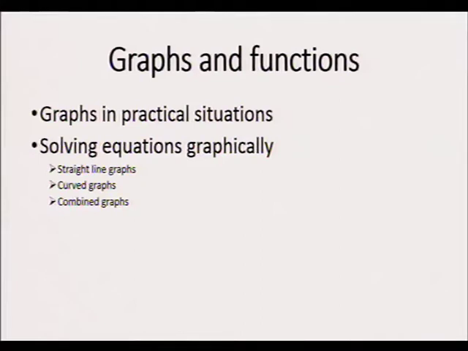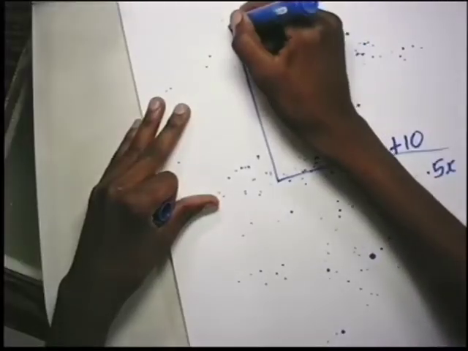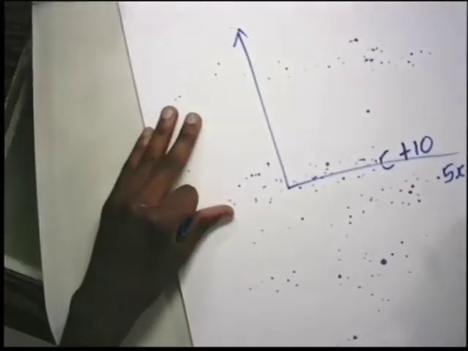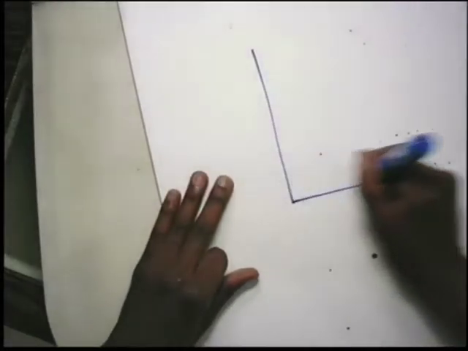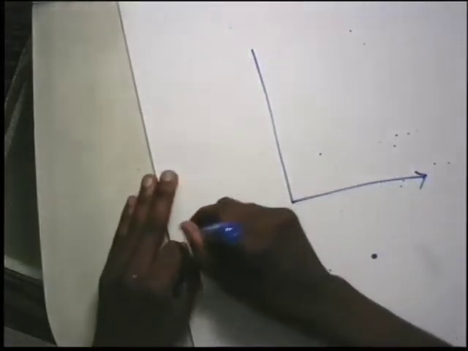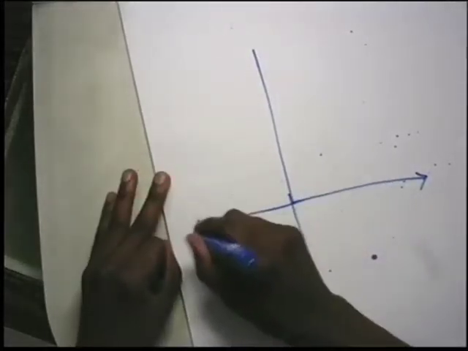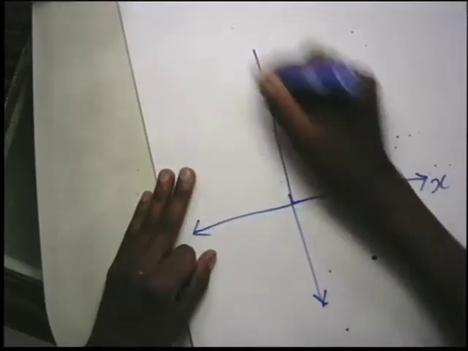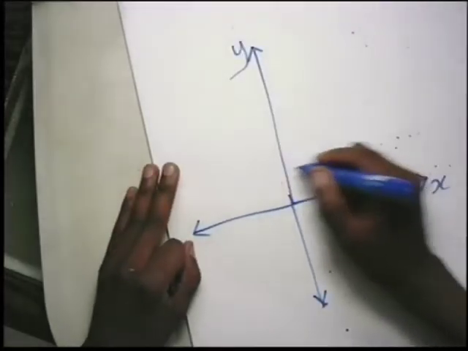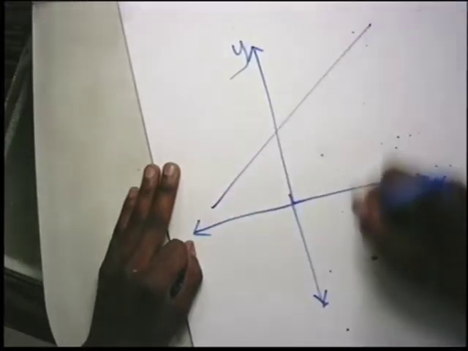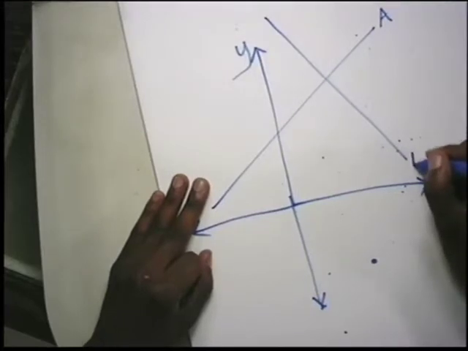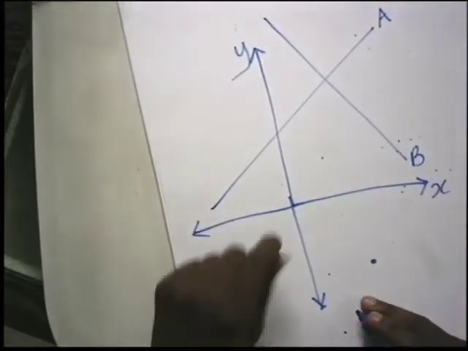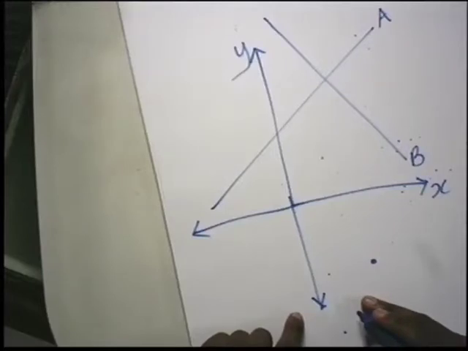So how do you solve for, let me say you are given a Cartesian plane, x and y. Now we assume that we have a line like that one and another line. We have A and B. Now we want to solve for x and y.